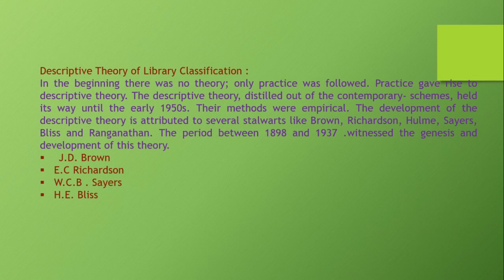First of all, J.D. Brown. J.D. Brown was the English librarian whose contribution to the general theory of library classification was small but significant. He brought out 3 different schemes of classification. The first of these 3 was developed in 1894 jointly with J.H. Quinn and was known as Quinn-Brown scheme.